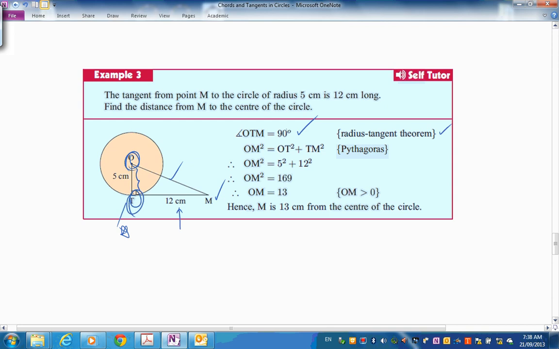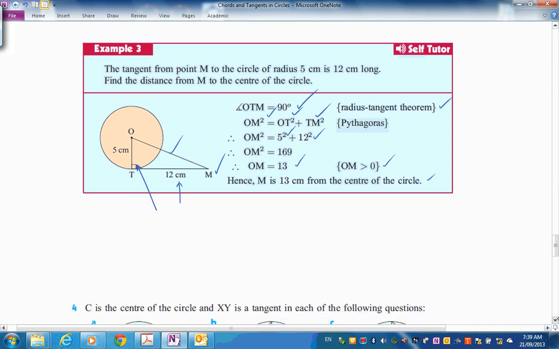So therefore you can say the square on the hypotenuse equals the sum of the squares on the other two sides. That's 5 squared plus 12 squared, and it's 13, since it's got to be positive. Okay, so that's a straightforward application of Pythagoras, just realising that that's the crucial result there, the radius tangent theorem.